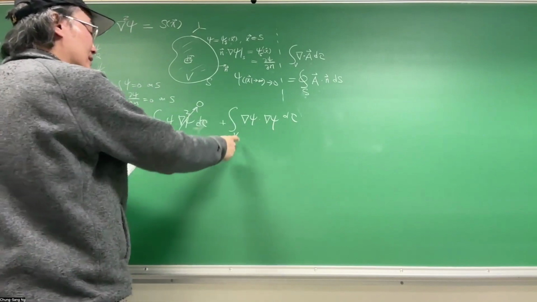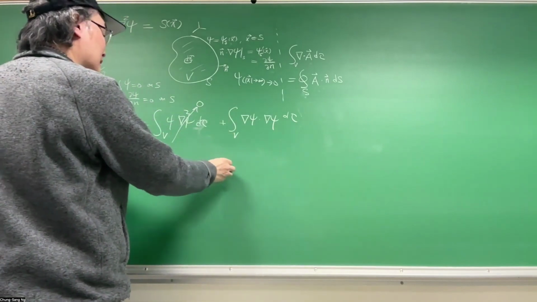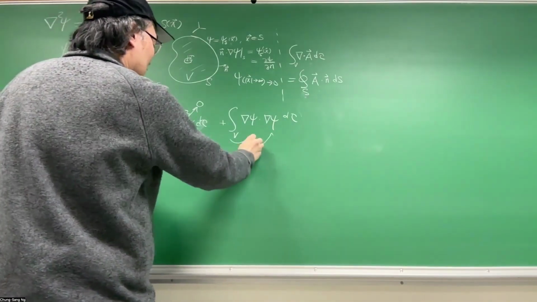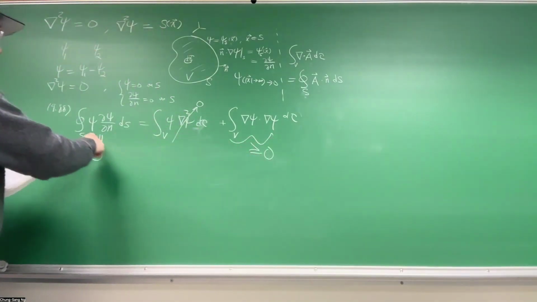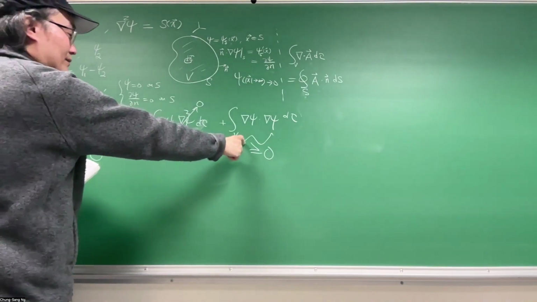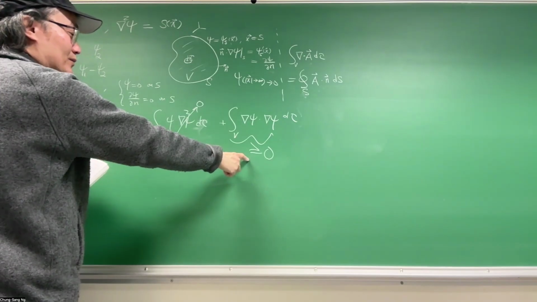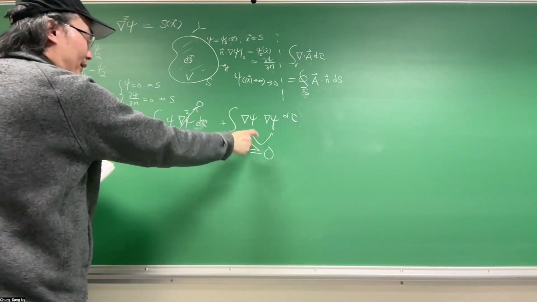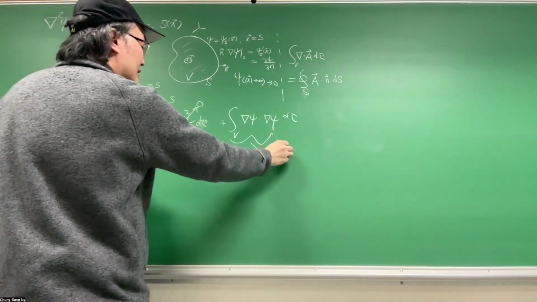And so this one must be greater than or equal to zero, but the left-hand side is zero, and so the only possibility is that this is exactly zero.